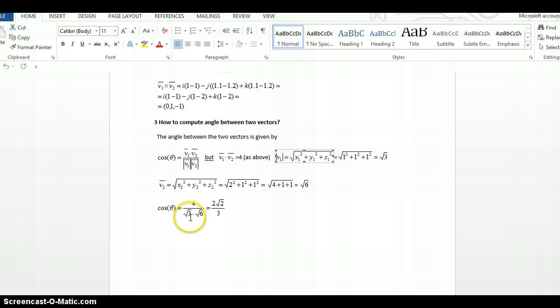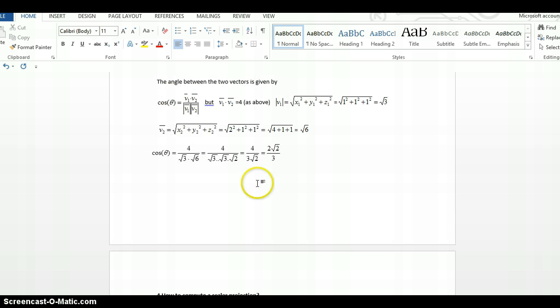Root 3 times root 3 will give us 3, then we have root 2. If you rationalize, it becomes 4 root 2 divided by 3 root 2 times root 2, which is 4 root 2 divided by 3 times 2. So 4 root 2 divided by 3 times 2 becomes 2 root 2 divided by 3.